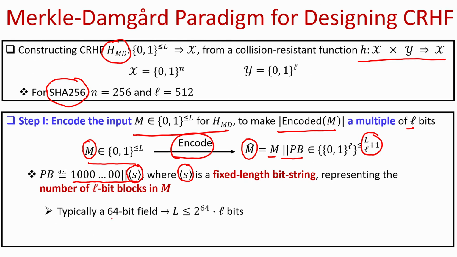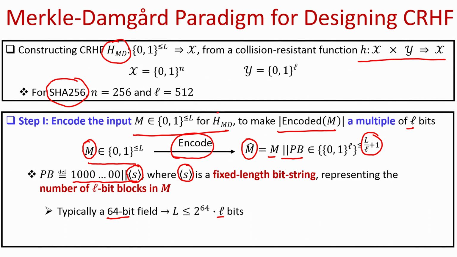I am quoting this number with respect to one of the practical instantiations of hash functions, namely the SHA function. That means you could have up to 2 to the power 64 blocks present in your original input M, and each block consists of little l bits. That gives you an upper bound on the maximum size of the message which you can hash using this hash function big H which you are interested to construct.